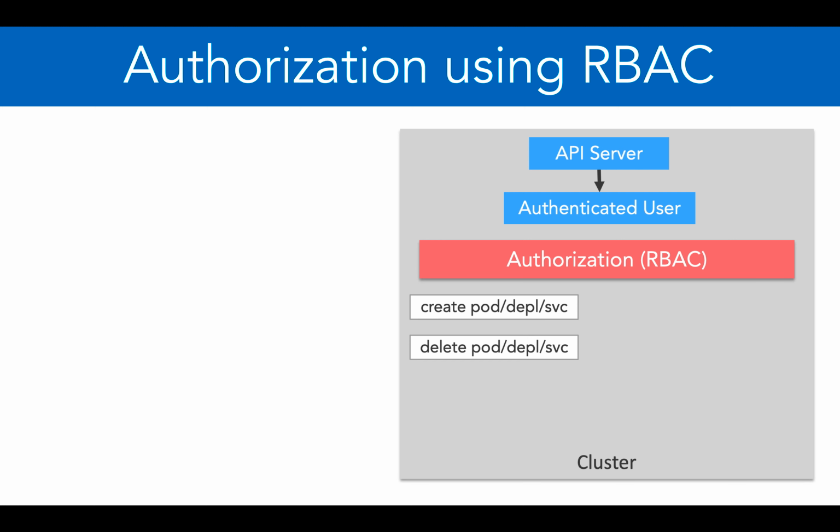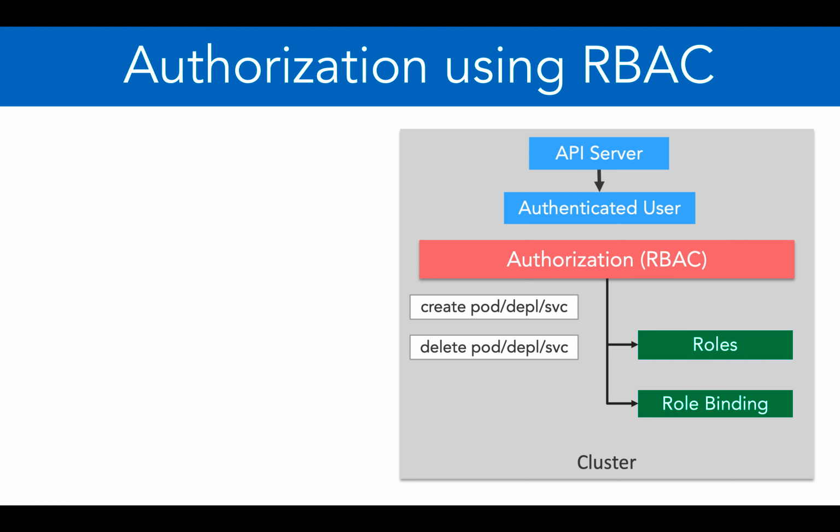There are two objects that are used collectively to provide authorization. The first one is roles and the second one is role binding. These two combined together collectively provide authorization in Kubernetes. Now what is a role? It's a collection of permissions on resources.